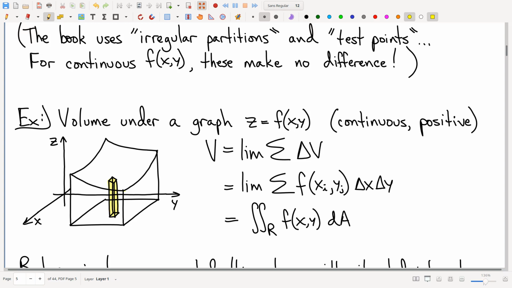So, individual French fries are really easy to compute the volumes of. It's just height times the area of the base. So, some function, the function whose graph we're looking at, right? The function that gives us the height, the function that gives us the z, and then we multiply by the area of the base.